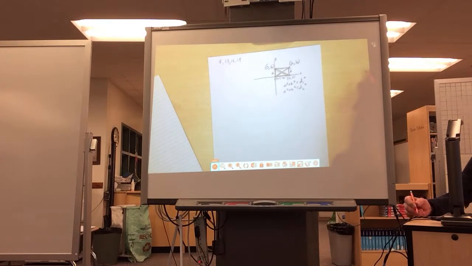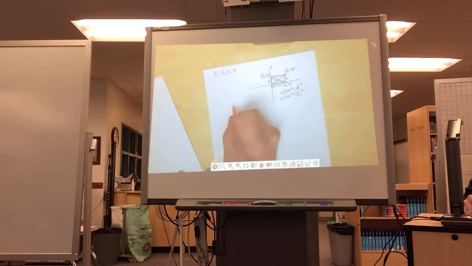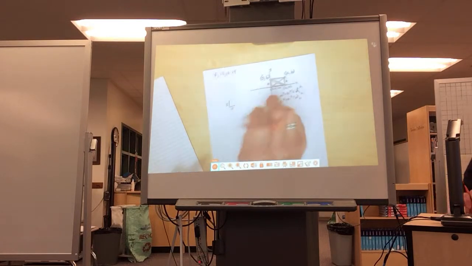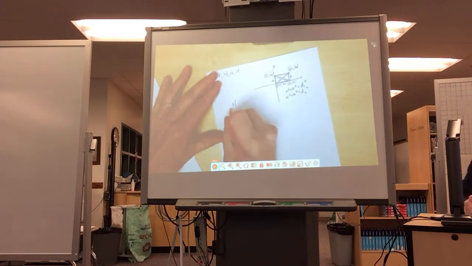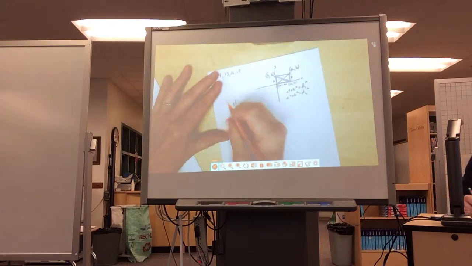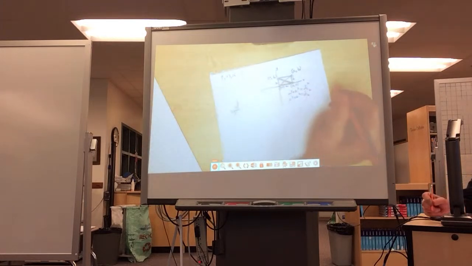Number 13. In the video game below, the mouse runs to east. So 2 east, 3 north. Wait, that's west. Let's go east. East goes to the right. 2. So we can use that. Begins here, goes there.